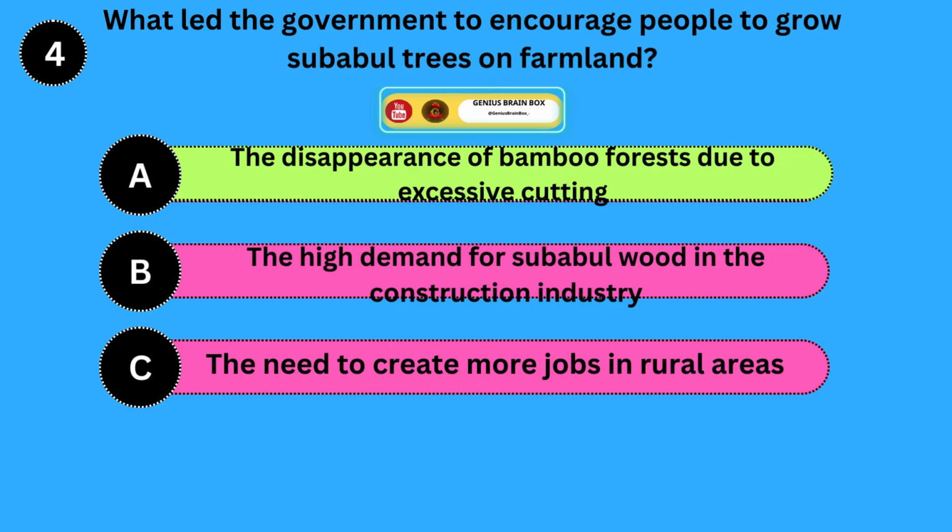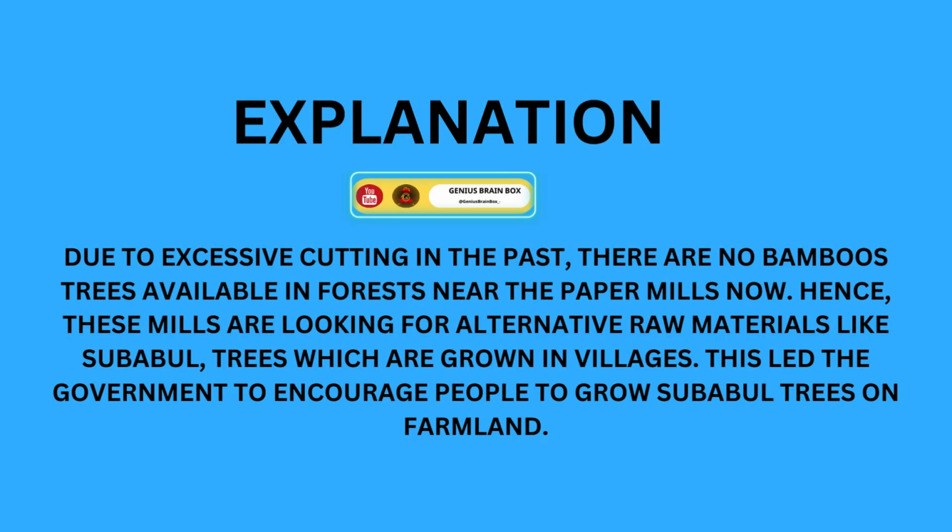Correct answer is... Explanation. Due to excessive cutting in the past, there are no bamboo trees available in forests near the paper mills now. Hence, these mills are looking for alternative raw materials like subul, trees which are grown in villages. This led the government to encourage people to grow subul trees on farmland.